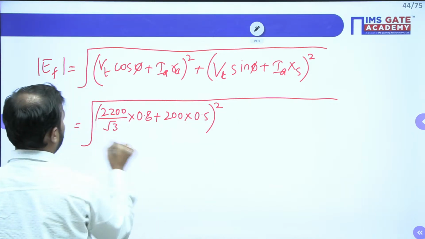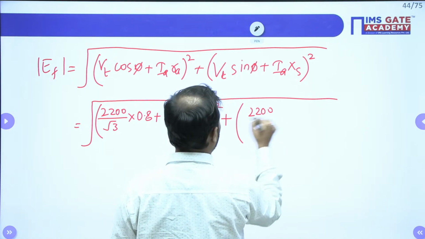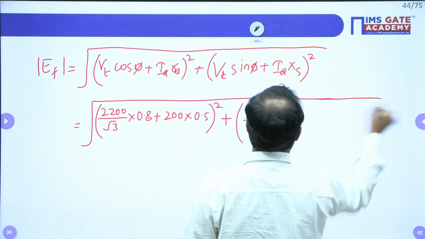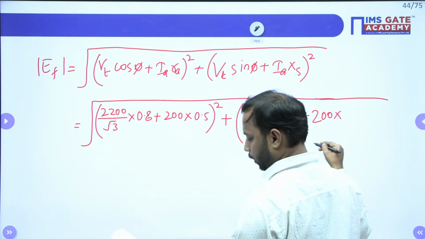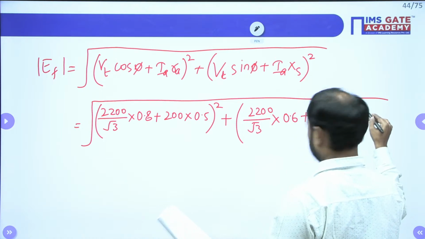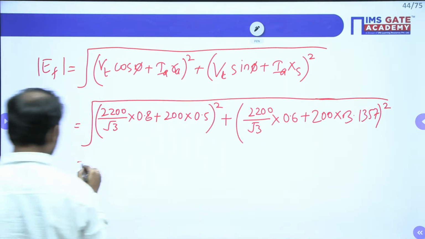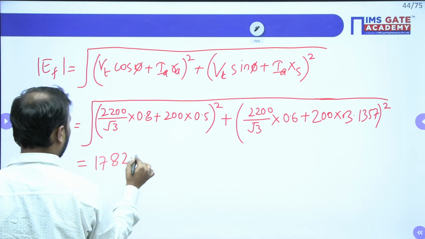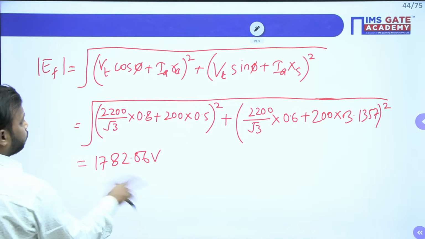VT sin phi is 2200 divided by root 3, sin phi is 0.6 this time, plus IA is 200 and XS we have calculated as 3.1357. So from here the EF value that we get is 1782.06 volt.